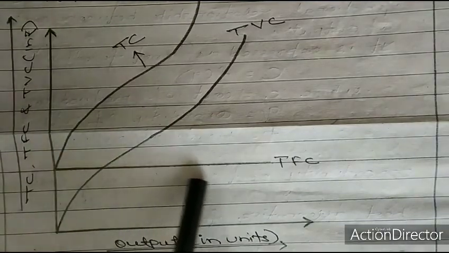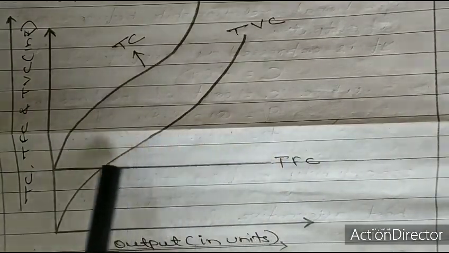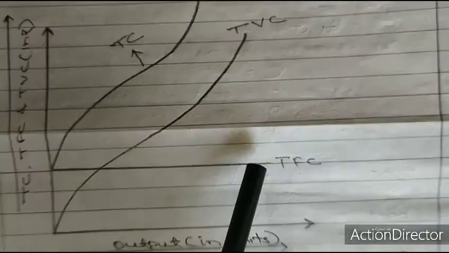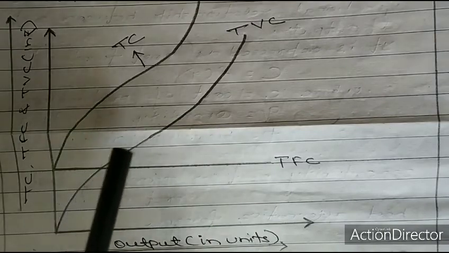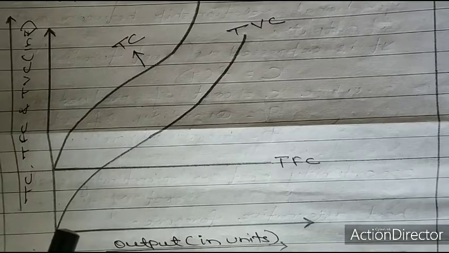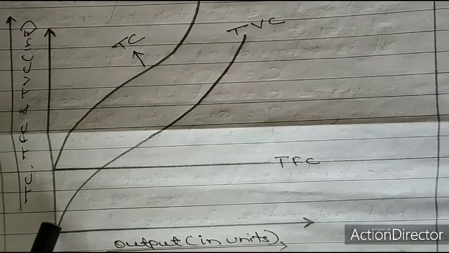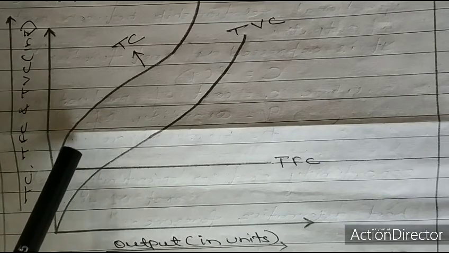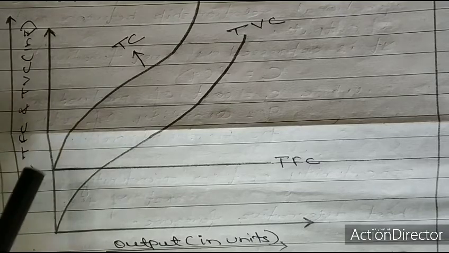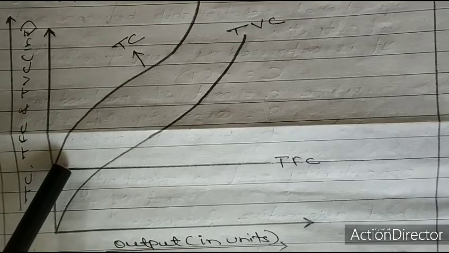This is the curve of total fixed cost, a straight line parallel to the x-axis, and this is the curve of TVC, which is inverse S-shaped. The TVC curve starts at the origin, meaning at zero level of output there is no cost. The shape of total cost is the same as the shape of total variable cost, but it does not start at the origin; it starts where the fixed cost starts.